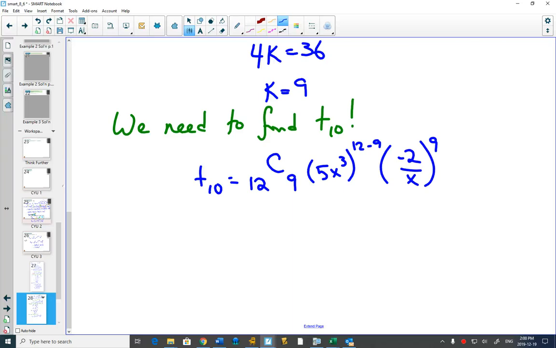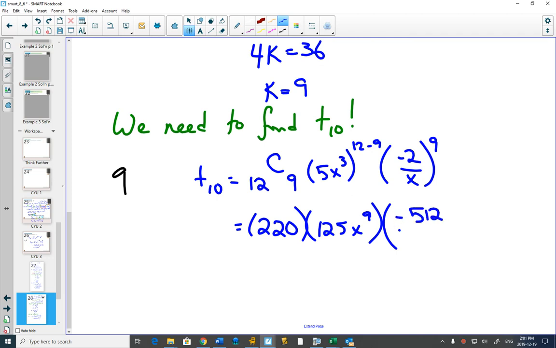Go to our calculator for each of these. 12 choose 9 is 220. Oh, and the question you need to do for this one is number 9. 220, here you would get 5 cubed, which is 125, x to the 9. And here you would get negative 2 to the power of 9, negative 512 over x to the 9.